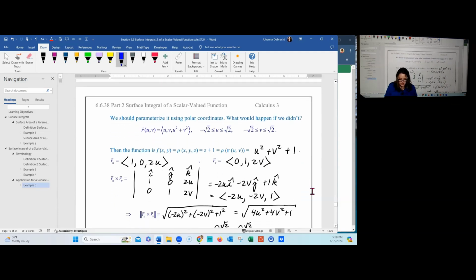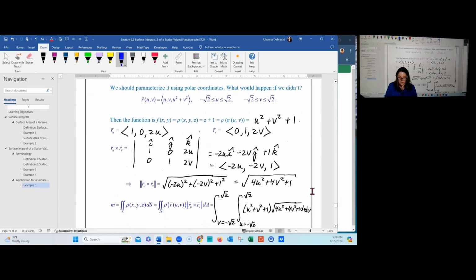Now, we should parameterize this using polar coordinates, because we have this circular symmetry about an axis, which is the z-axis, so we should be using some form of polar or cylindrical coordinates. However, what would happen if we didn't?